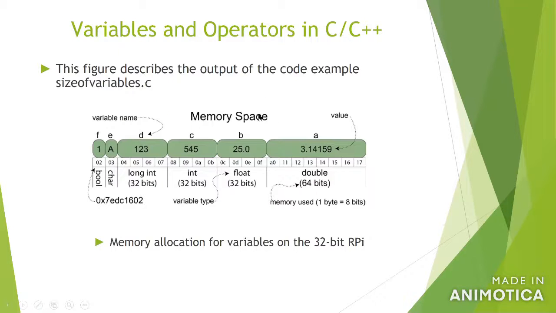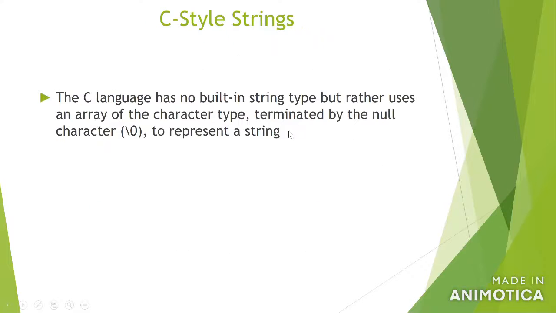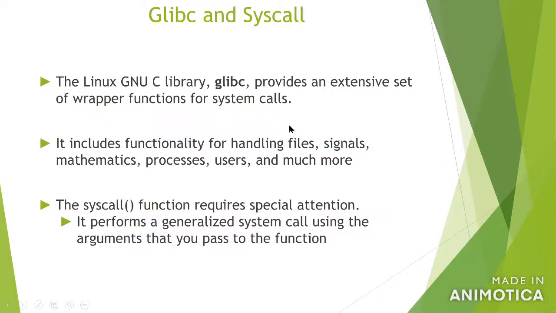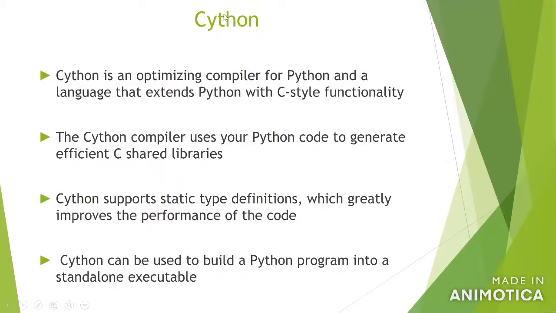We just skip this. There is another option for using Python, and also for extending Python with C-style functionalities: you can try Cython. Cython is a compiler that uses your Python program to generate efficient C shared libraries.